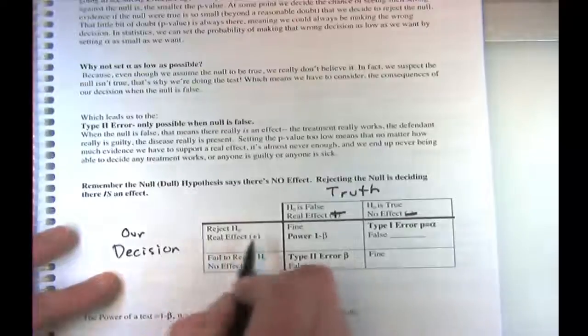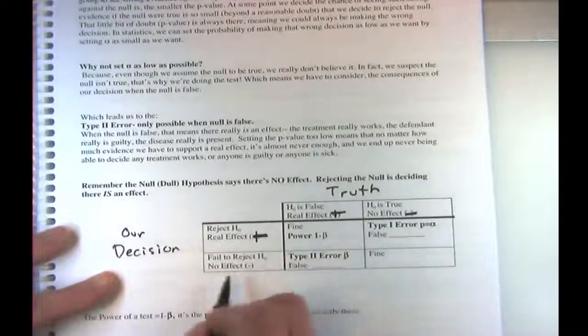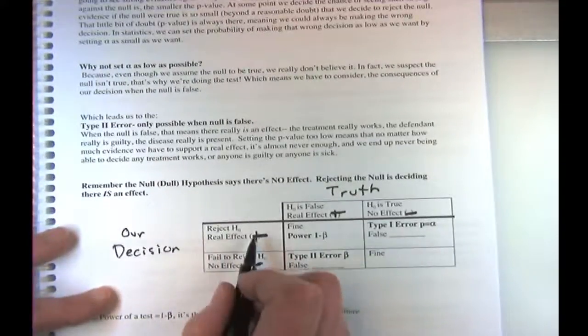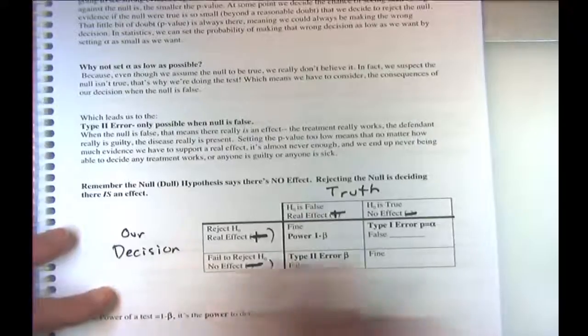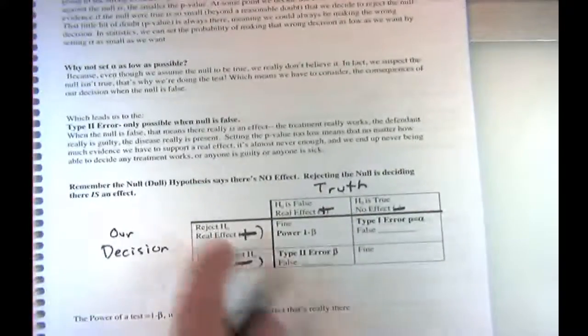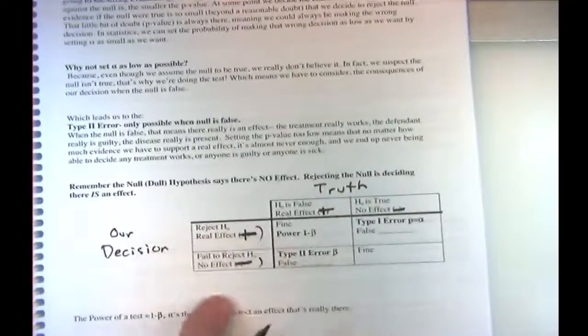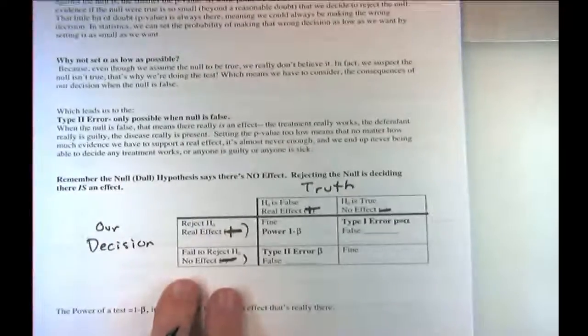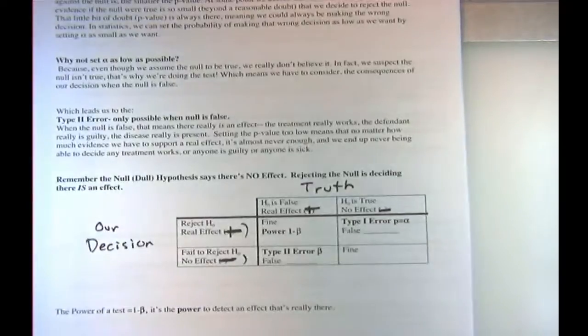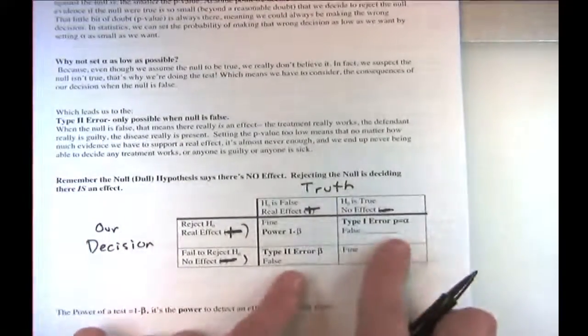So we decide either there's a real effect, or there's not a real effect, right? We'll put positive. I set it up in an easy way here. So we either reject the null and claim there's a real effect, or else fail to reject it and say nothing's going on. All right, so obviously, so what do I want you to fill in here?